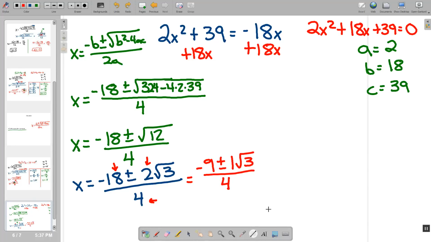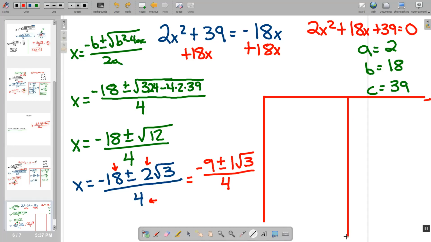And now, just like before, I am going to solve by making a positive and negative solution. But I can't go very far this time. My positive solution, using the right pen, is negative 9 plus the root of 3 all over 4. And I can't simplify any farther than this.